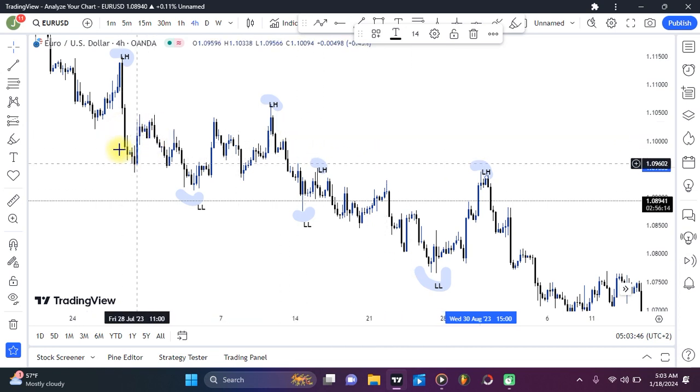And if you check here, we can label our breakout of structure.